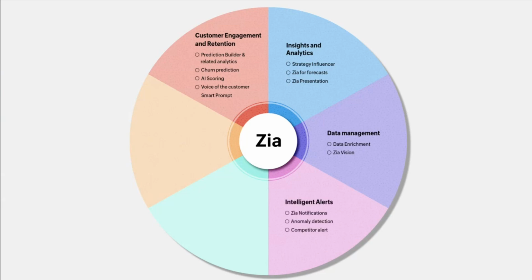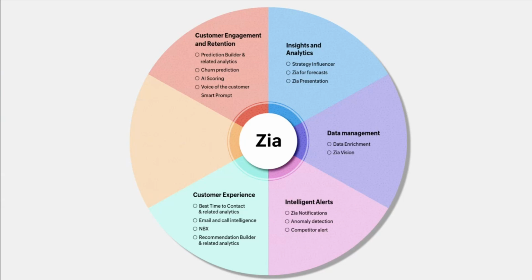Then, under intelligent alerts, Zia's alert system notifies teams of critical changes or actions in real time and thus mitigates the delayed responses or missed out opportunities. In customer experience, Zia enhances customer experience through AI and personalized engagement, transforming the interactions into relationship building opportunities.